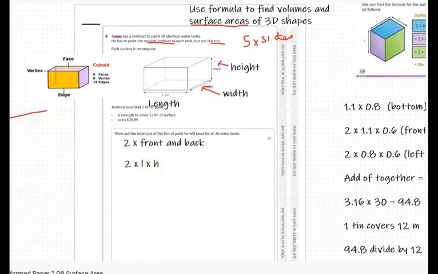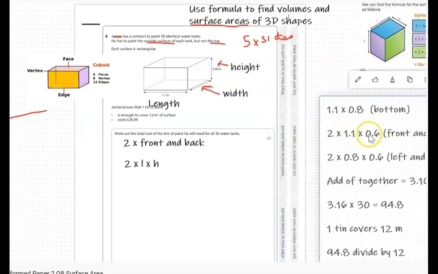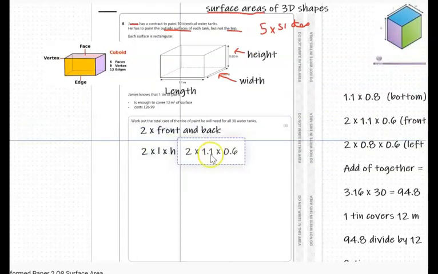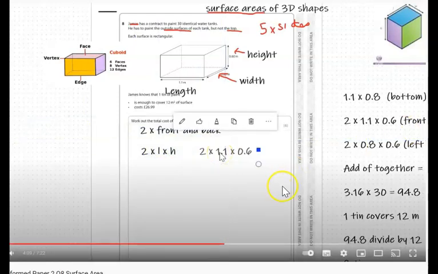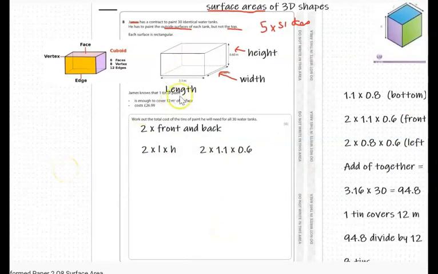So that would be 2 times length and height. The measurements associated with the length and the height are 1.1 and 0.6. Okay, so we've done 2 of the 5.